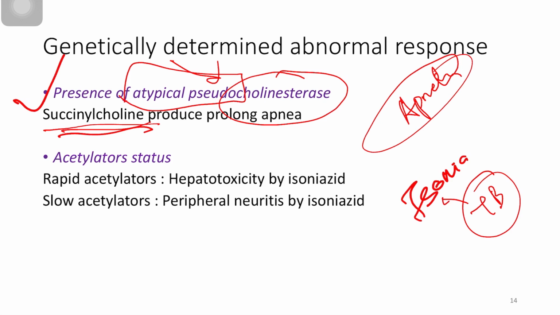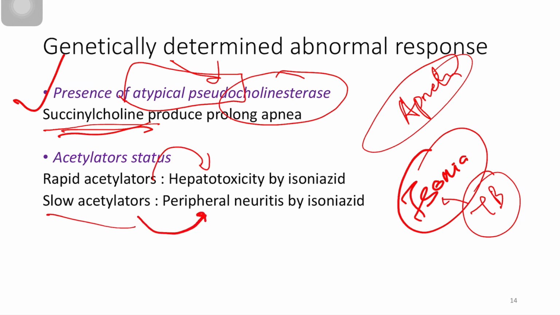If the patient has fast acetylator status, the metabolism of isoniazid is faster, so more of its metabolite forms, and that leads to hepatotoxicity because the metabolites are quite hepatotoxic. And in slow acetylators, where the metabolism is slow, there are high chances that isoniazid concentration increases in the blood, and that leads to peripheral neuritis, a side effect of isoniazid. So normal acetylator status is necessary.